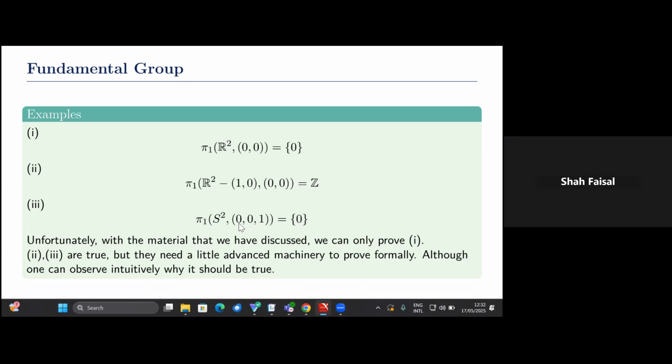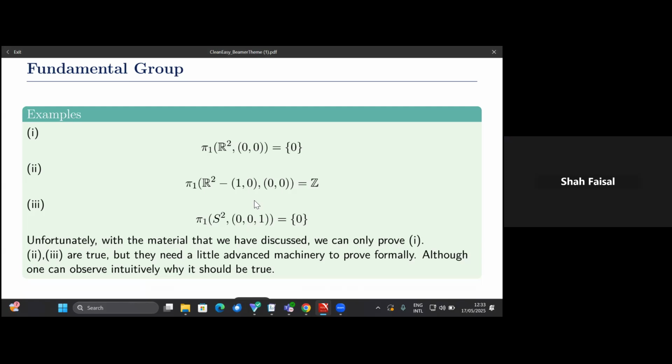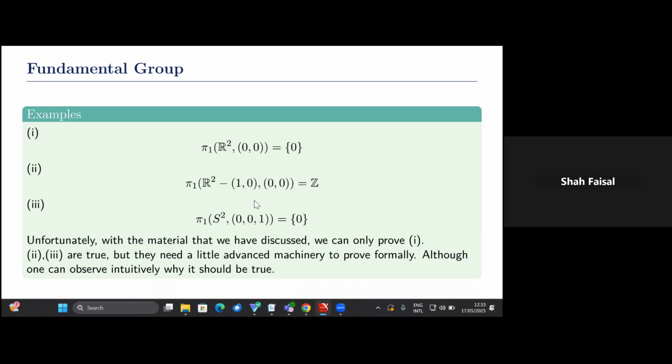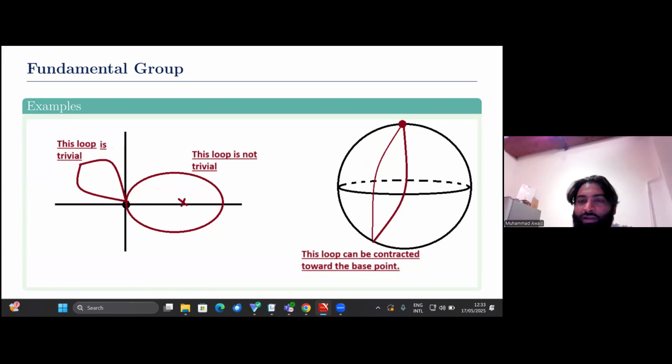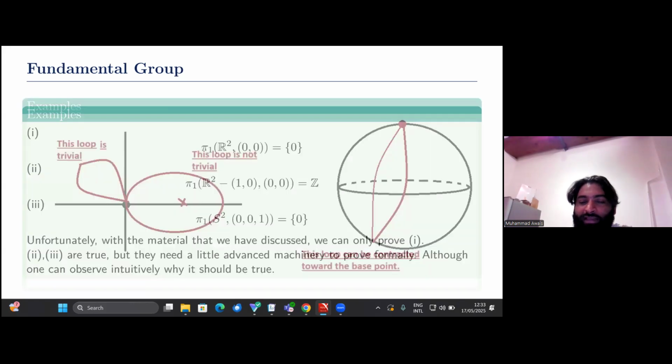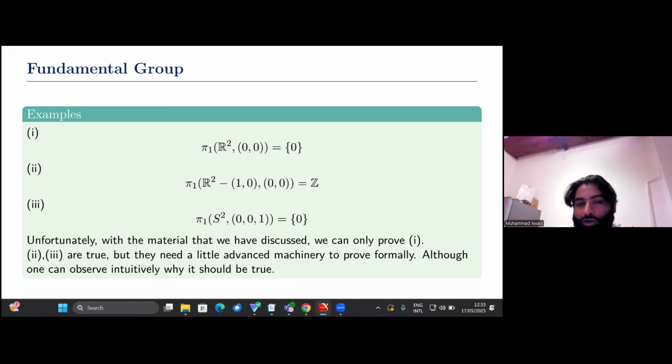Right. Yes, so I drew a picture here. The idea is exactly as you said, we can remove the North Pole, and any loop can be seen as in R2.